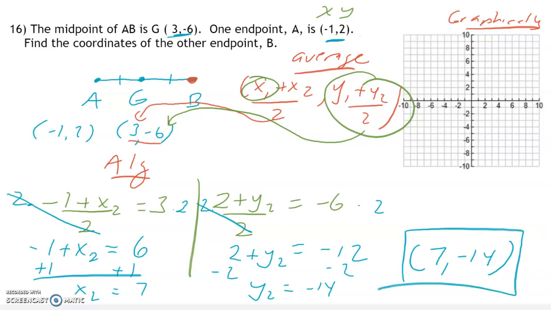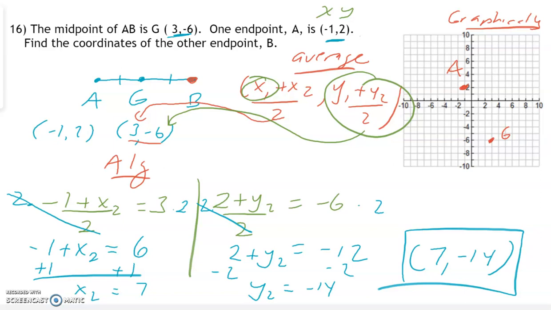Now let's check this by graphing. This way is much faster, but I think it's more of a check to make sure you're doing it right. One endpoint is (-1, 2), so -1, up 2. There's A. The midpoint, G, is (3, -6), and we're trying to find the other endpoint.